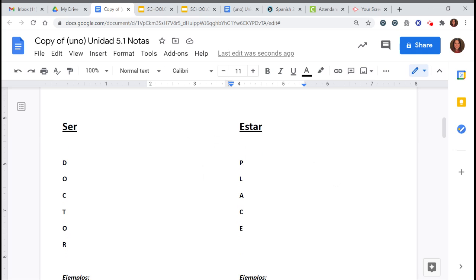On your notes here, we have some acronyms to remember when to use ser and estar. For ser, remember doctor. For estar, remember place. Let's talk about what each of these letters stand for. D is going to stand for description. The first O will be occupation, so somebody's occupation.